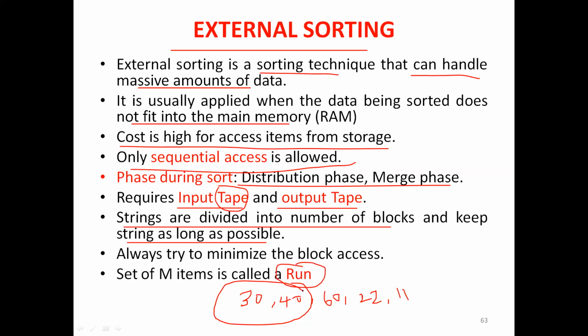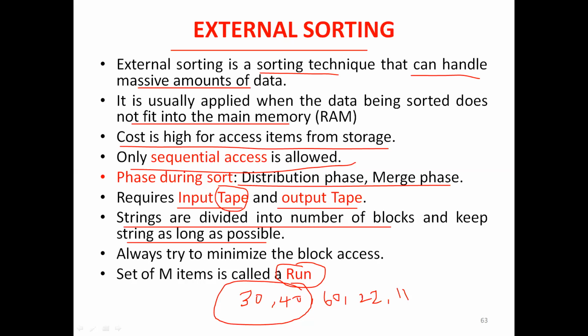These are the keywords you have to remember in case of external sorting. What is a run actually? A set of m items is called a run. Initially, while performing the external sorting, I have to divide the given records into possible parts. Each divided part is called a string or run.